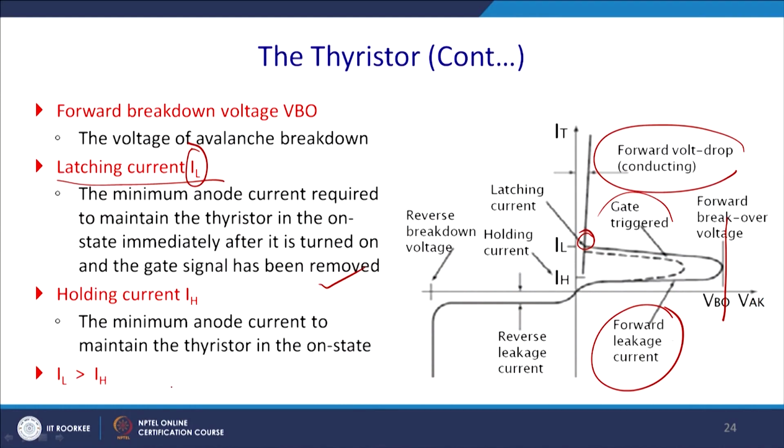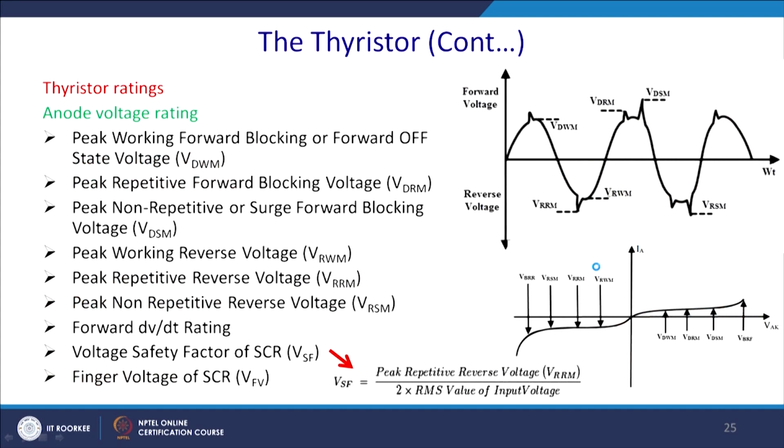It is the minimum anode current that maintains the thyristor in the on state, and from this figure it is quite clear that the holding current should be less than the latching current. Now, these are a few parameters that are quite important while analyzing and using thyristors.